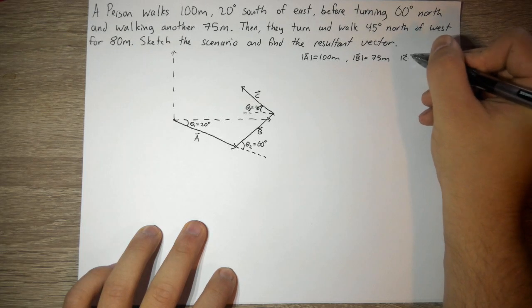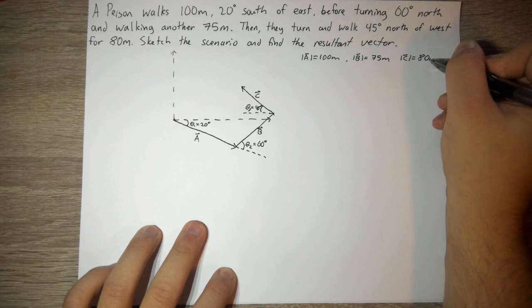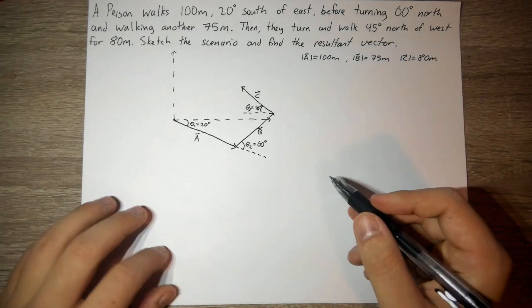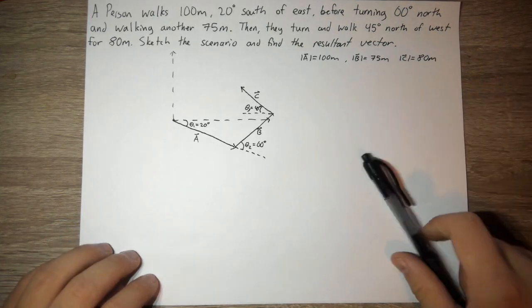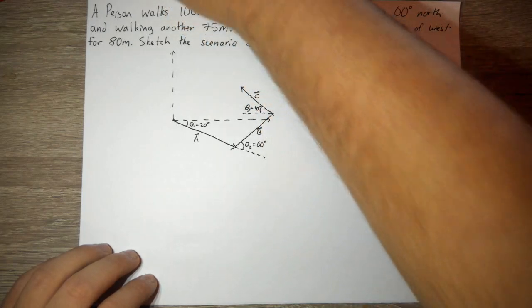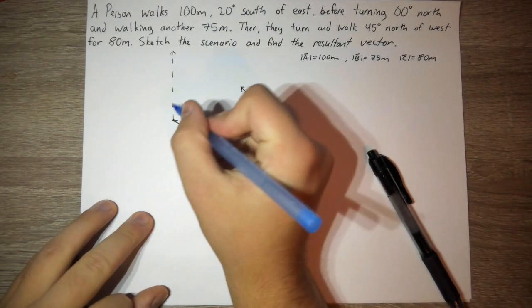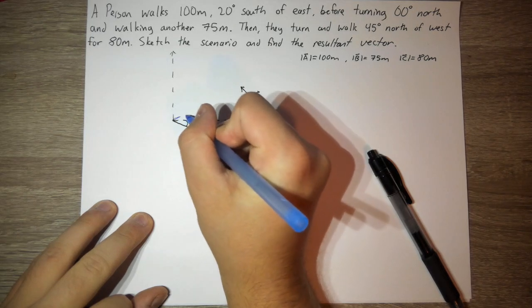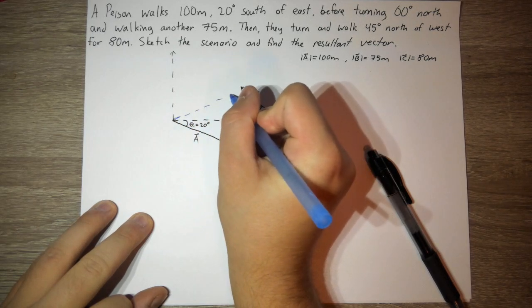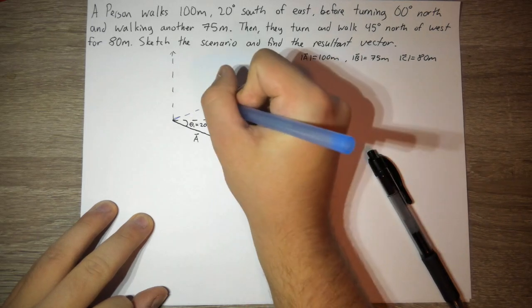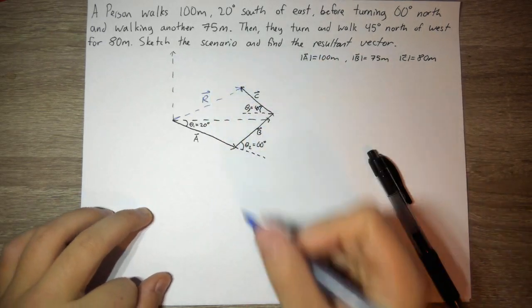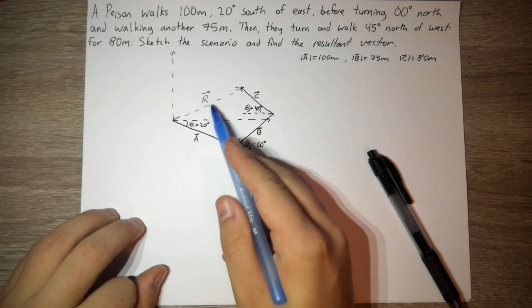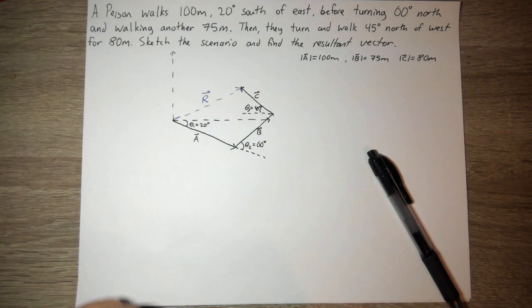So C, magnitude is 80 meters. Okay, and so that means, if I just grab another color here, this from the origin to here, this is our resultant vector R. So we need to find the magnitude and the direction of this vector.